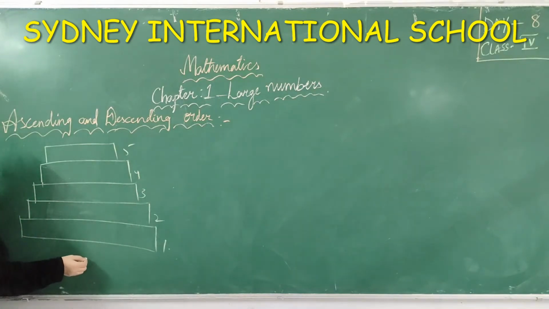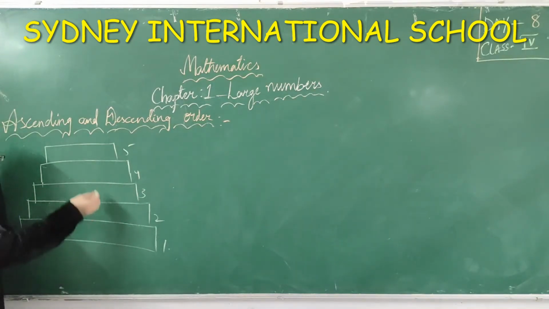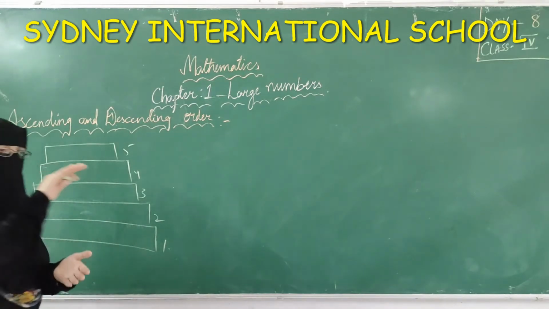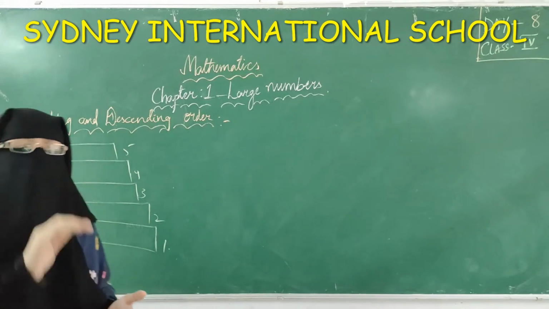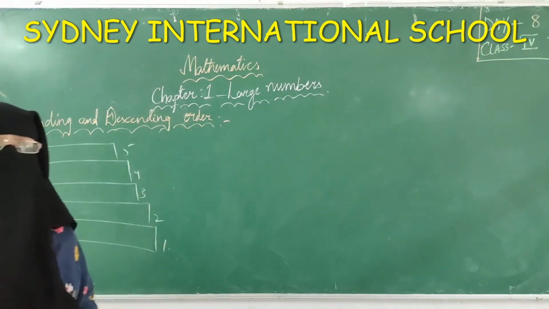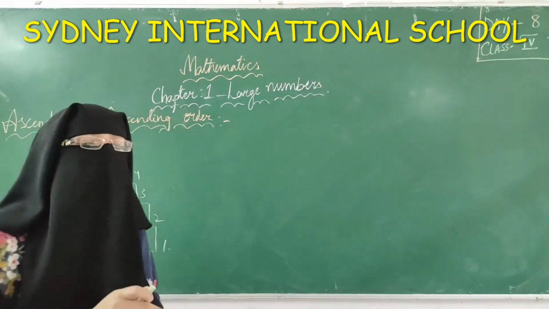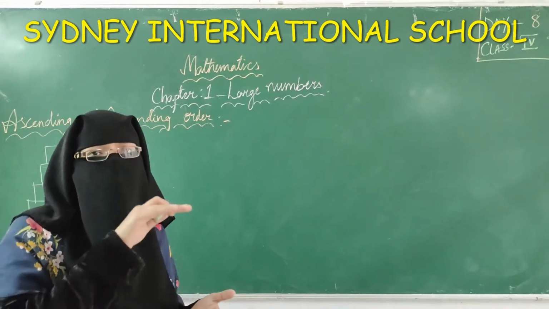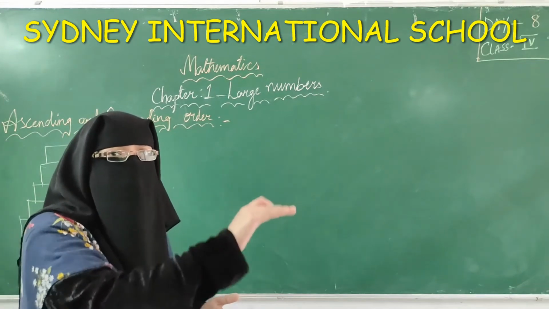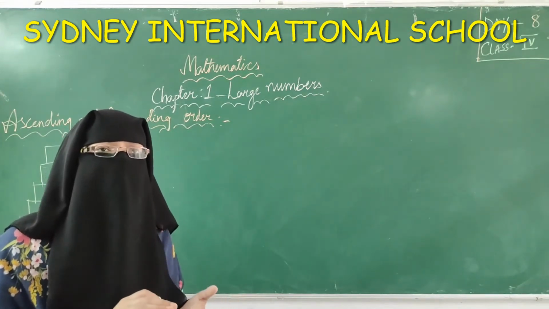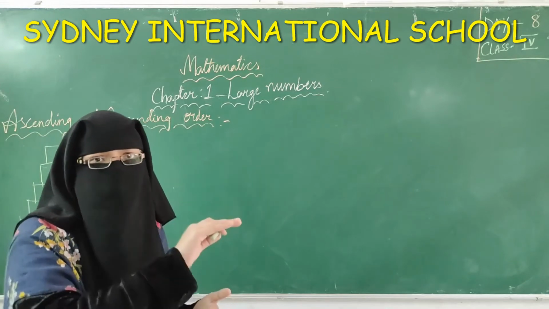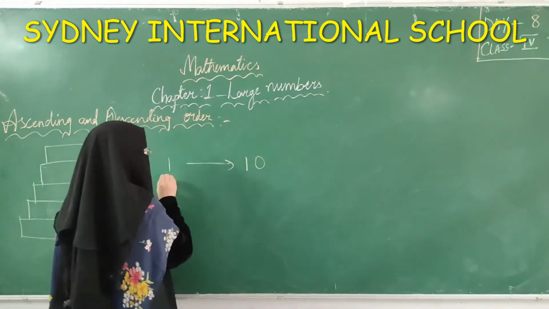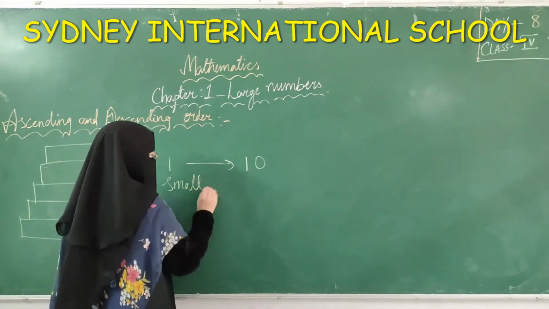If we are coming from ground floor to first floor, we will climb the first stair, then second stair, then third stair, then 4, then 5. Suppose we are having 10 stairs to come from ground floor to first floor. Then we will climb the first stair, then second, then third, then 4, 5, 6, and so on till 10. We are going from small to big.